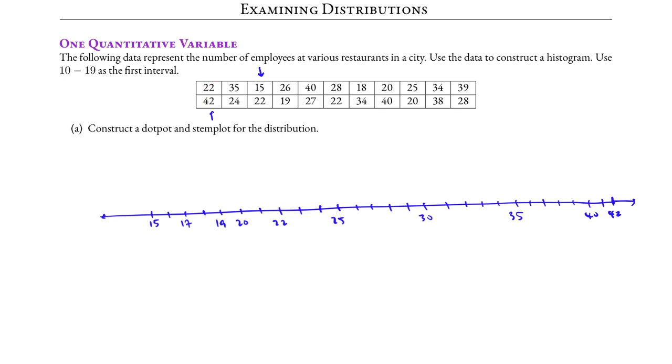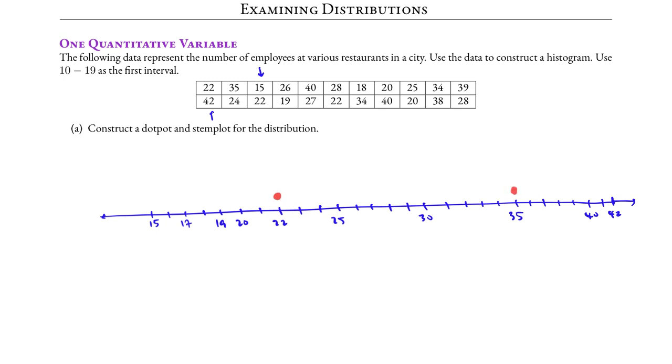For example, the first value is 22. We find 22 on the number line and put a dot above it. The next value is 35, so we put one dot above 35. This should have the same height as the previous dot, and the dots should be the same size.